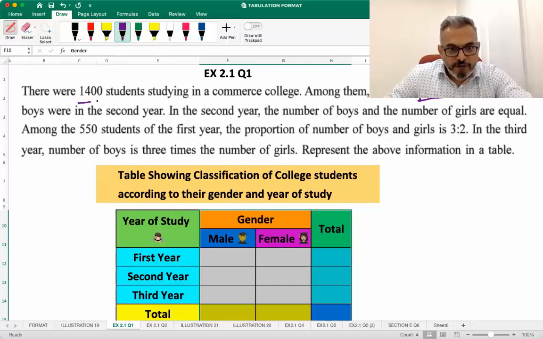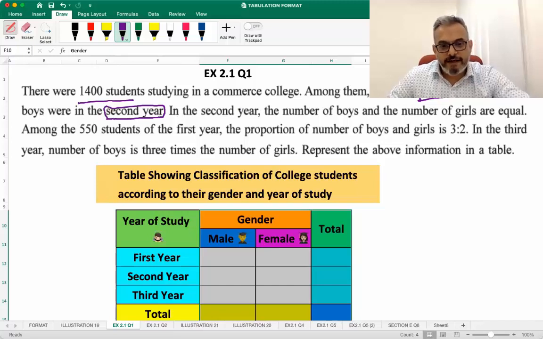Total 1400 students. Okay, 225 boys were in second year. So second year is another attribute. In the second year, the number of boys and the number of girls are equal. So we have boys, we have girls. Okay, second year. Among 550 students of the first year.